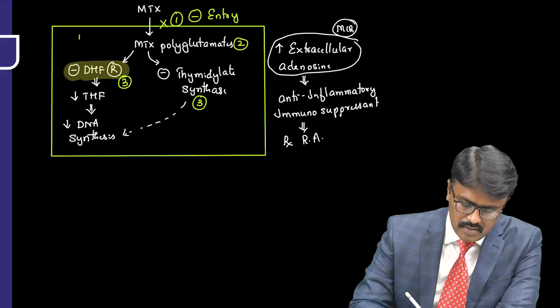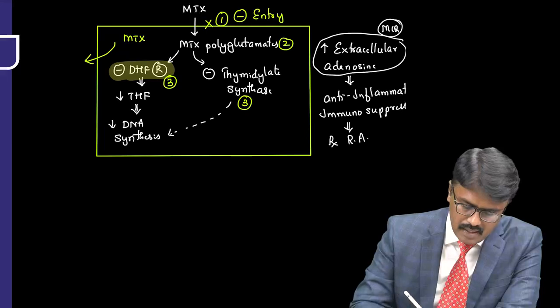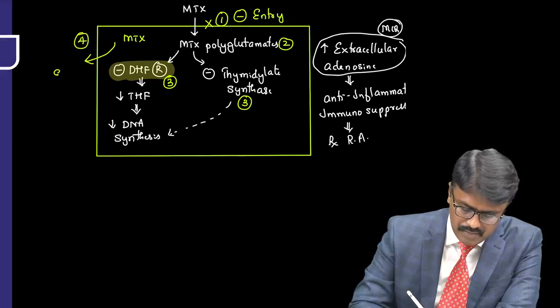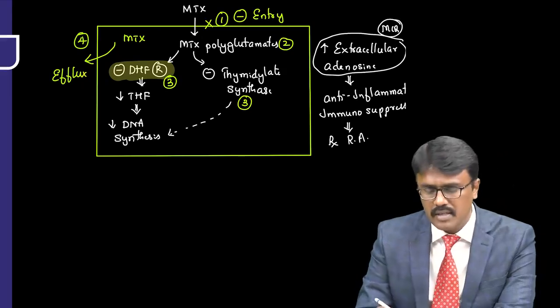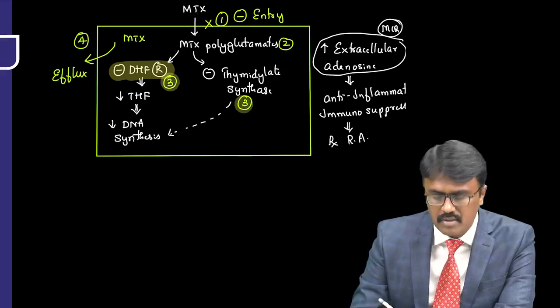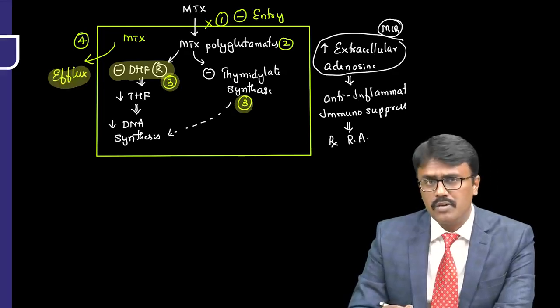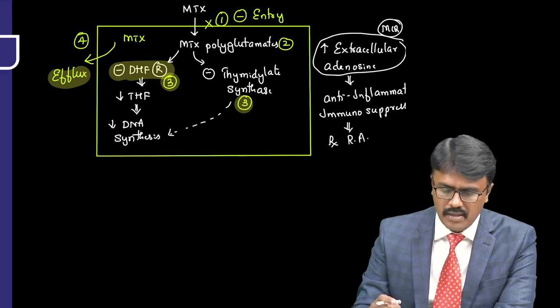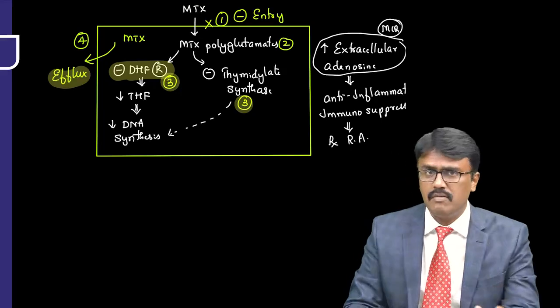Fourth mechanism, if methotrexate comes inside, it will be thrown out, and that is called efflux. So number one, it is not allowed inside. Number two, the polyglutamates are not formed. Number three, the enzymes will not attach methotrexate. Number four, it is thrown out, that is called efflux. So these are the mechanisms of resistance of methotrexate.